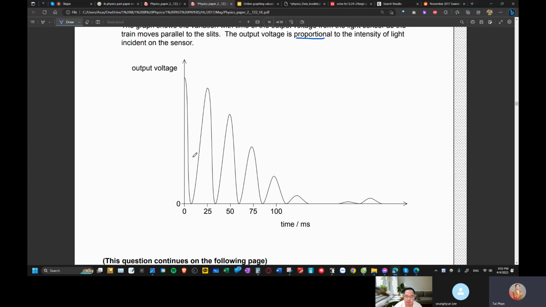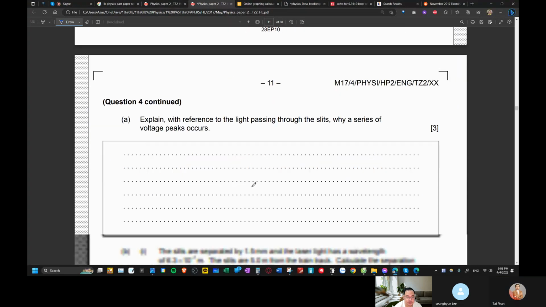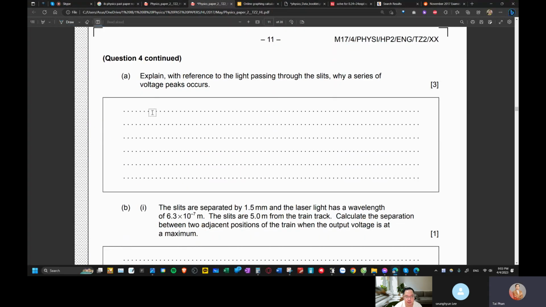And this is a pattern, the display of the intensity of light formed by interference and diffraction at the same time. So the explanation here we can write why a series of voltage peaks occur.